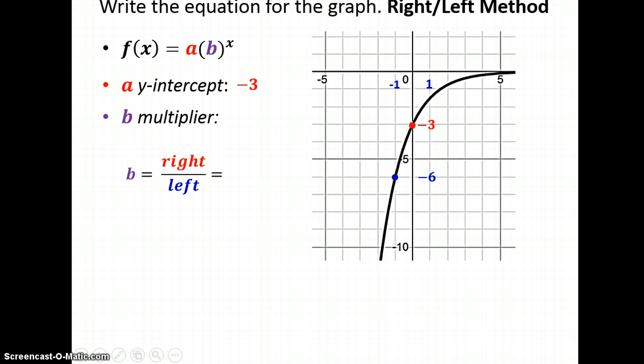In this case it's the point at x equals -1. So we can plug in those y values, -3 over -6, to find our b, which gives us 1/2. Therefore, our multiplier is 1/2. Again, we plug those into the formula, and we get the same equation.